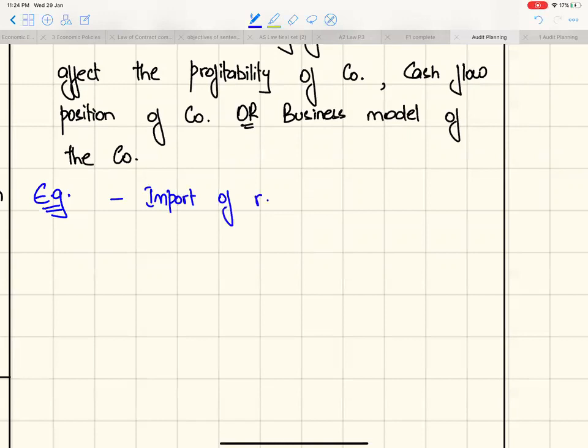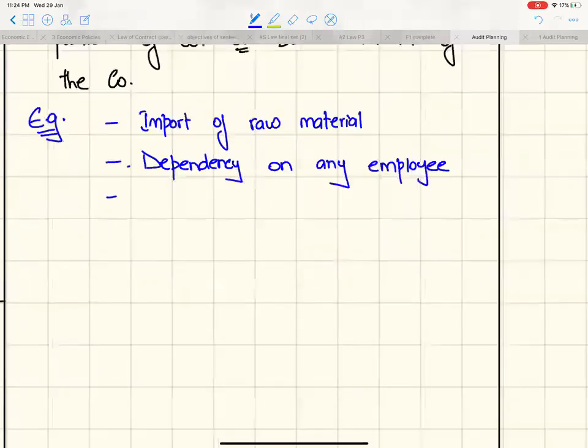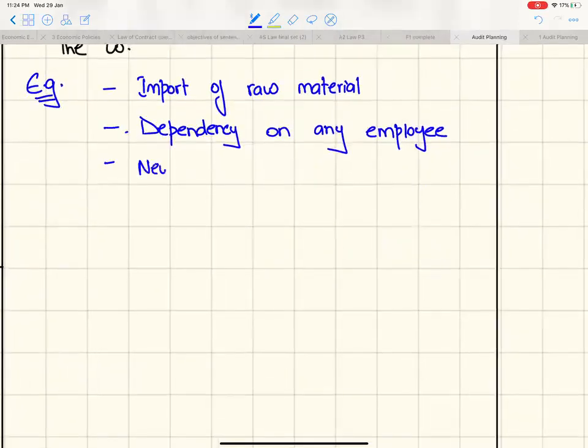Why? If the exchange rate moves adversely, if there are import duties, if there are lead time issues. If your key employee leaves your company, then it is a business risk that you are dependent on that employee. Or if any new regulation is introduced, that is a business risk for a company.